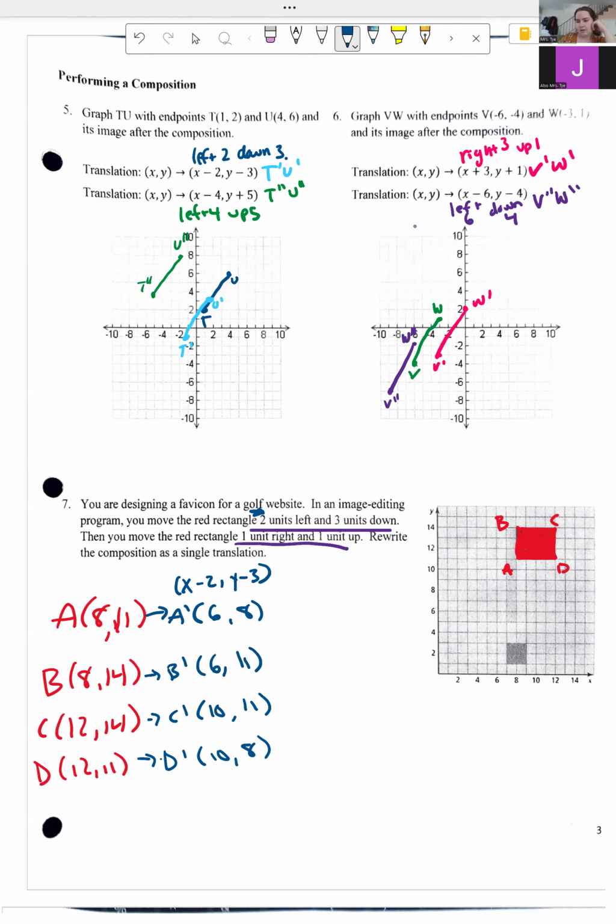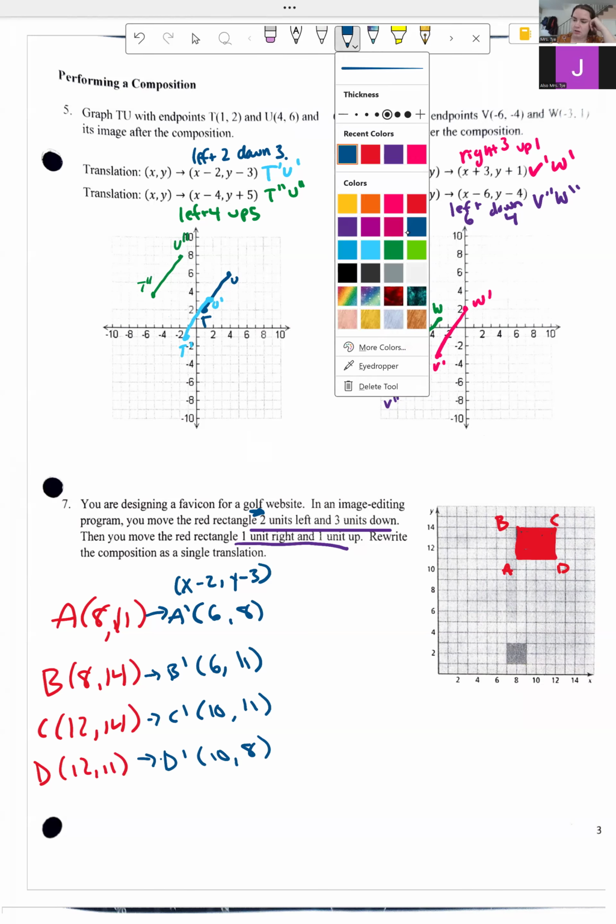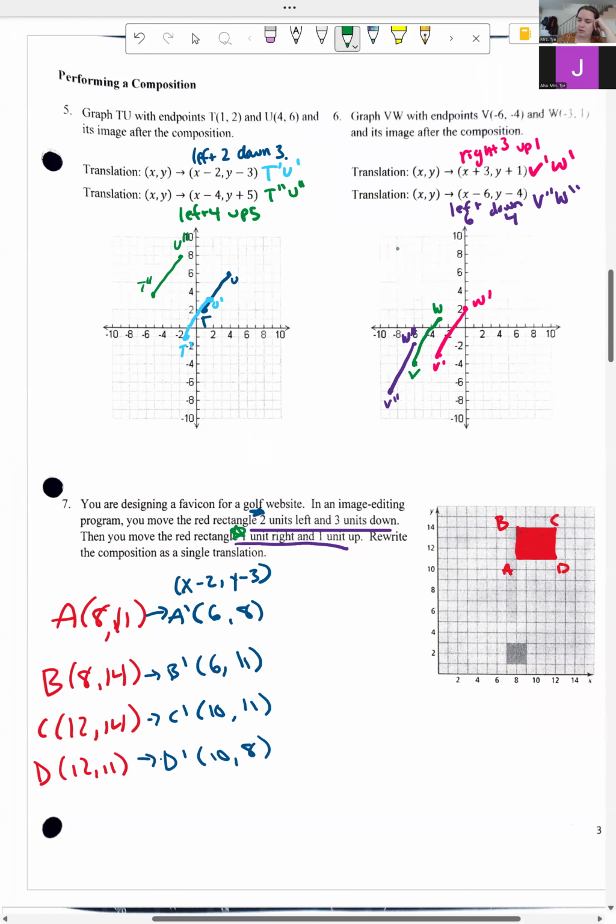Okay. And then we're going to move it a second time. It looks like this time we're moving it 1 unit right, so that's x plus 1, and 1 unit up, y plus 1.